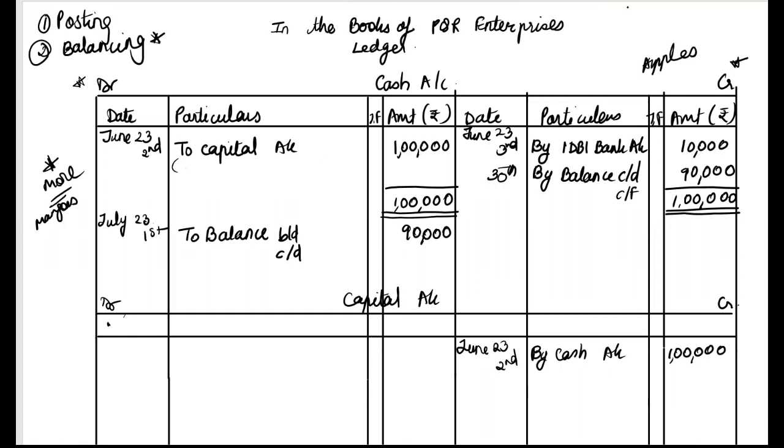Is mangoes more or apples more? The answer is mangoes is more. So what I am carrying down is mangoes. What is the balance here? You will say the balance is of mangoes, not of apples. So if I'm carrying down, it will be the carry down balance of mangoes.